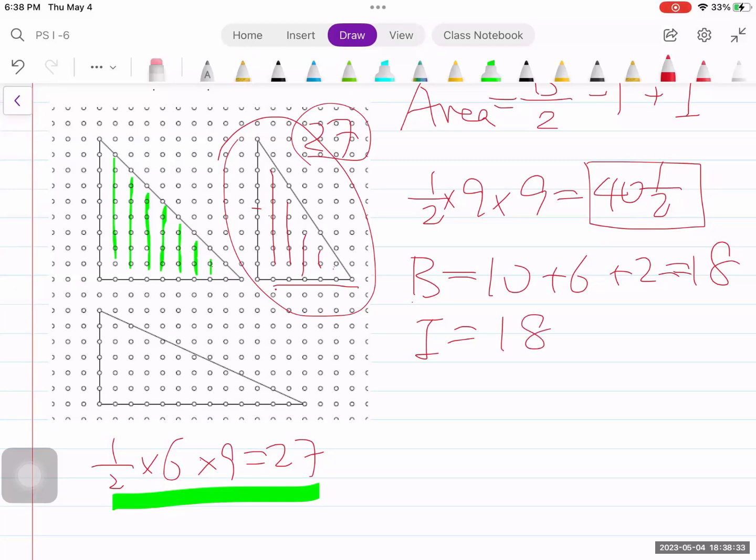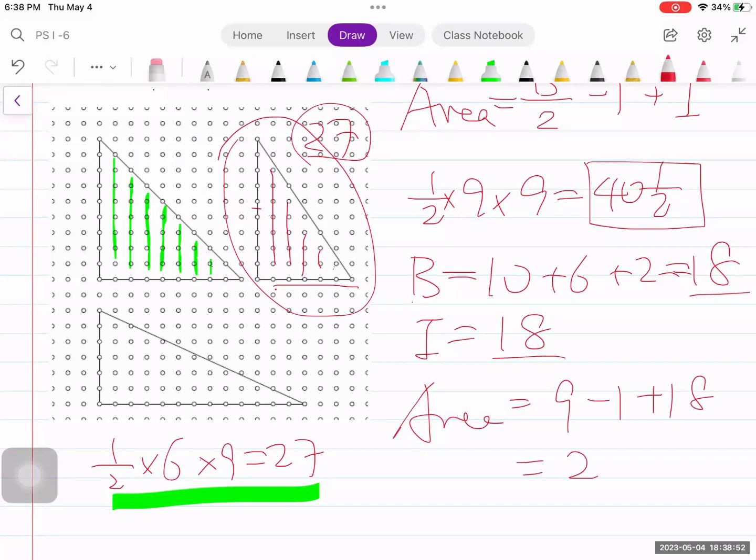Because it was 7, 5, 3, 1. That's 16. And then you have plus 2, right? That gives you 18. Now the area is this divided by 2, which is 9, minus 1 plus 18.